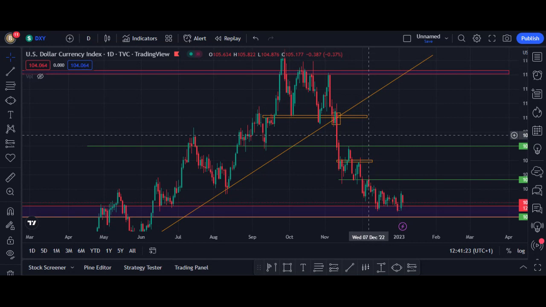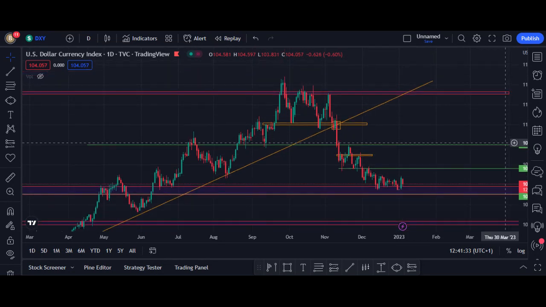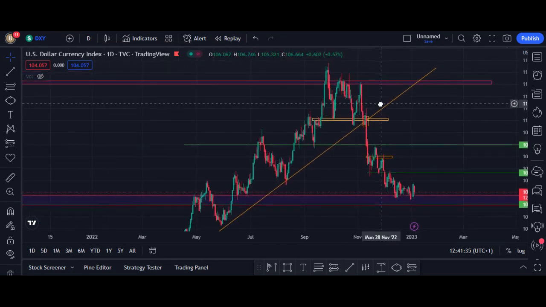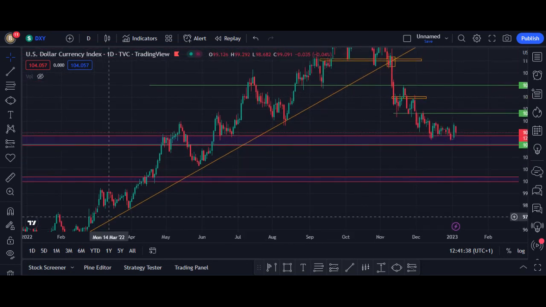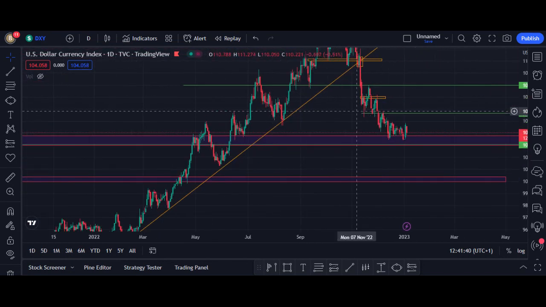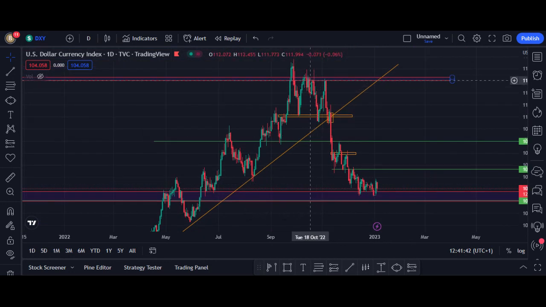I think this was where Powell gave a hint that they would gradually stop hiking rates early this year, right? So the market pulled back, and whenever price has been trending for a long period of time, it's always right for price to range for a while before the continuation of that existing trend or another trend.